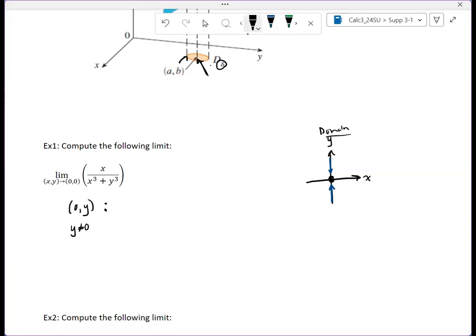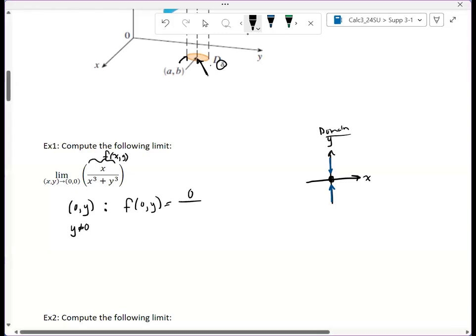If I look at points on this path, (0, y), where y is non-zero, we don't want to plug in (0, 0), so we don't want y to be 0. Here x is 0 and y is non-zero. Let's call this f of (x, y). Of course, f of (0, y) is 0 over 0 plus y cubed, that's 0 over y cubed. Note that this is not 0 over 0 because y is non-zero.